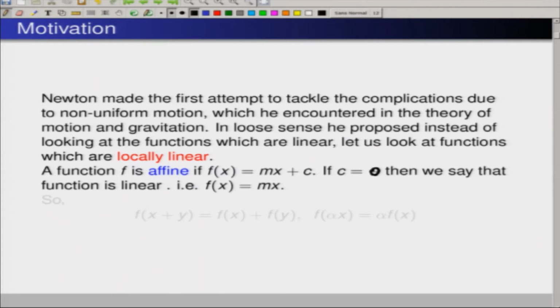In this linearity, what happens? If I take x plus y, f of x plus y is equal to m times x plus y, which is m x plus m y, which is equal to f of x plus f of y. Also f of alpha x is equal to alpha times x, where alpha is a real number, and so this is alpha times f of x.